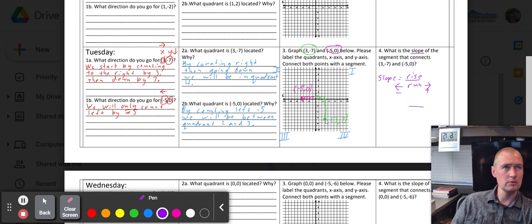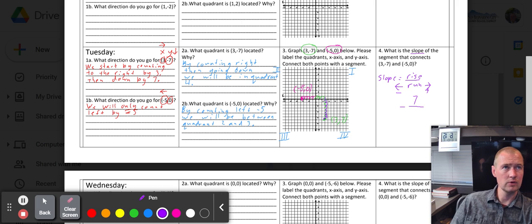So I'm at the lower point, which is going to be the green. I'm going to count up to hit the x-axis, because I remember the x-axis is the line that we're on. So counting up, I'm going to count up 1, 2, 3, 4, 5, 6, and 7. I need to rise up by 7. Now, because I need to go to the left, we're going to have a negative slope. So I'm going to put the negative in front. Then whatever that number is counting to the left is going to indicate how many we go for the run.